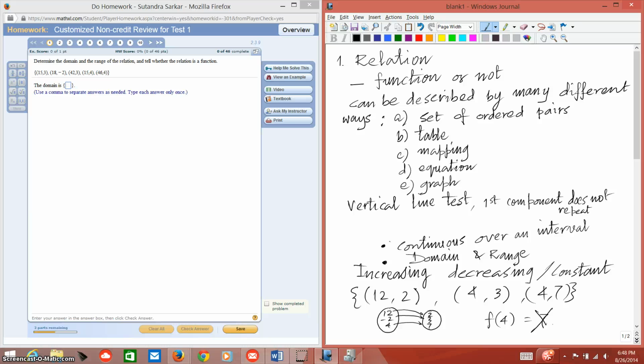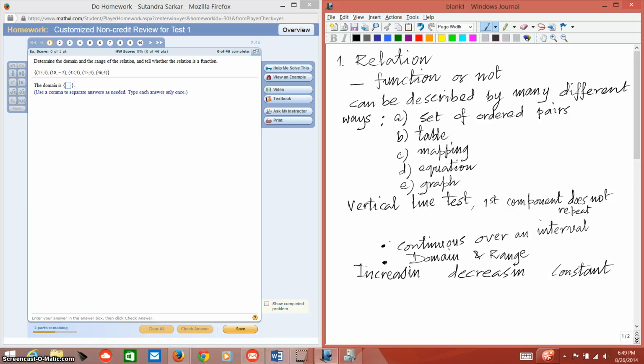I will wait until I cover that section, but just to give you an example, let's say I have a graph something like this, and I'm asking you to determine whether it's a function or not. You think about vertical lines at every single point. If any part of the graph intersects a vertical line at more than one point, then it will not be a function. In this case, it does pass the vertical line test, so it will be a function.